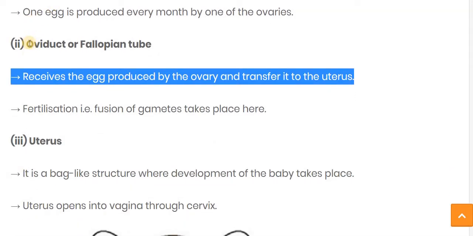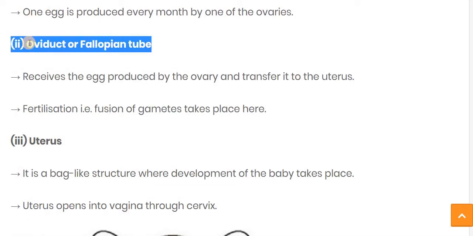In the male system, the vas deferens arises from the testes, whereas in the female reproductive system the oviduct, or fallopian tube, is connected to the ovary.